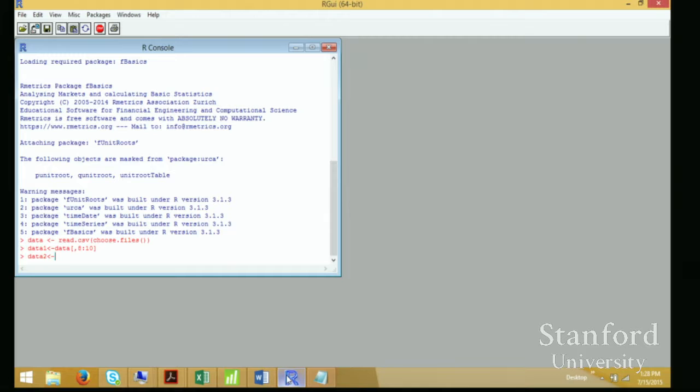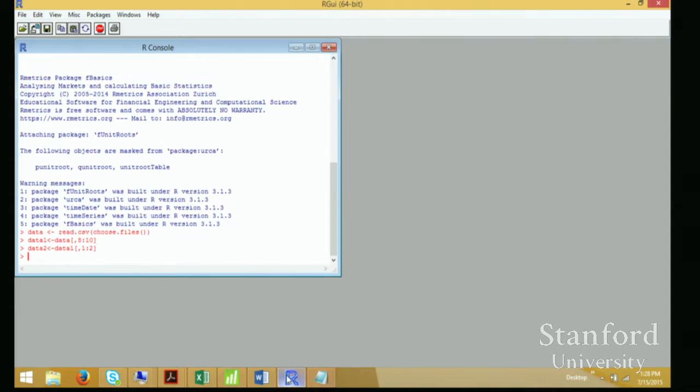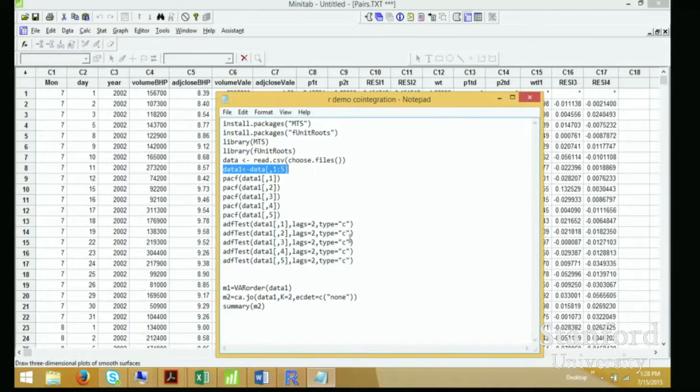So I'm going to call this as data 1. Comma 1 and 2. Data 2. So I'm going to calculate the order of this process here, and you can see what is the order that you should get.